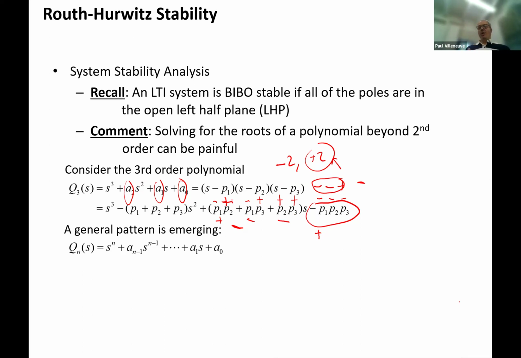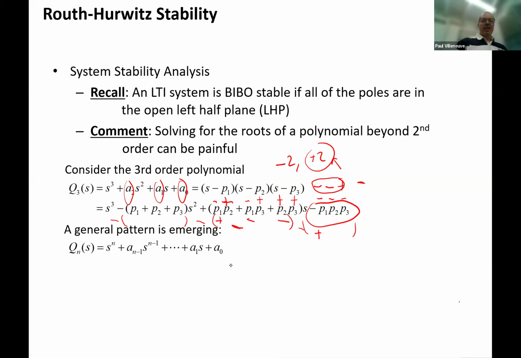So the thing about Routh-Hurwitz is all of these numbers, all the p1, p2, and p3, every single number has to be a negative number, or it should live in the left-hand half plane. Otherwise, one of these terms over here is going to end up being a negative number. So the first check you can do is called a necessary but insufficient condition, right?